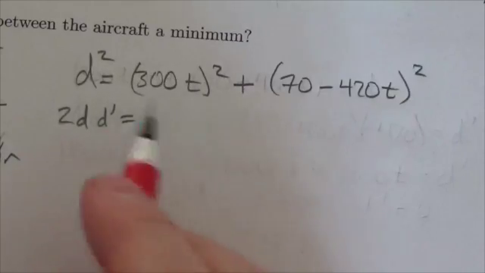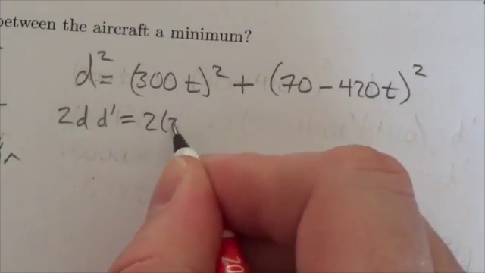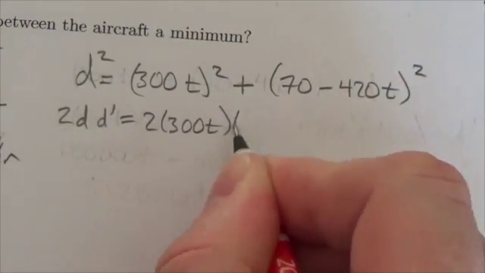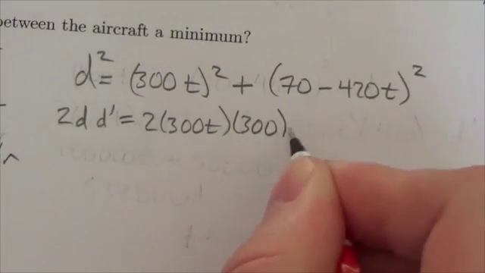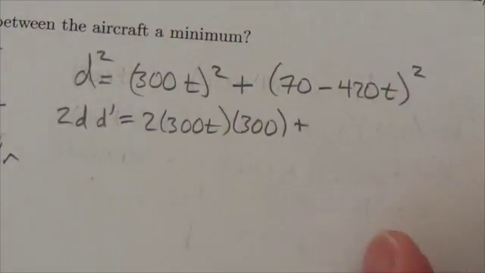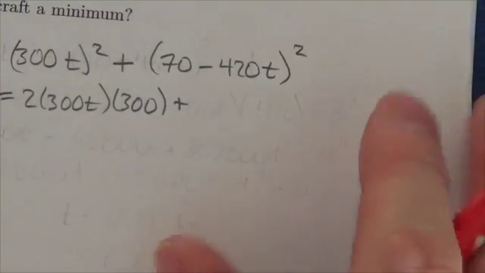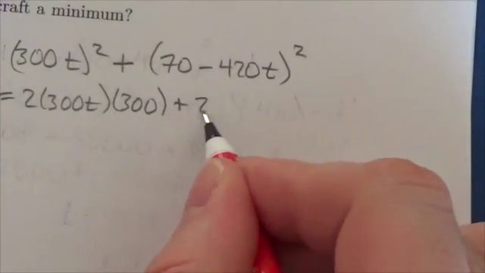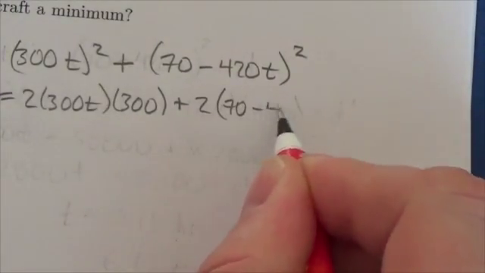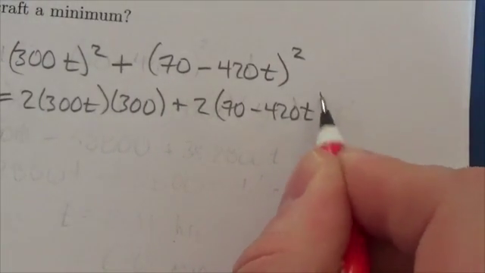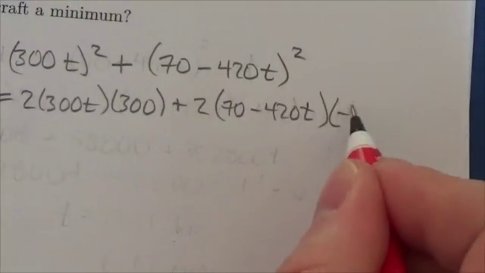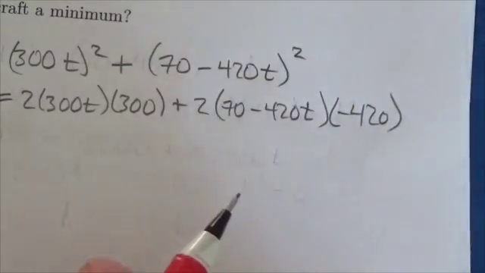The derivative of my first term will be 2 times 300t times 300, plus the derivative of this second term, which is going to be 2 times (70 minus 420t) to the 1 times negative 420.